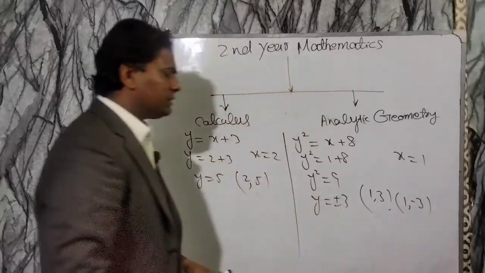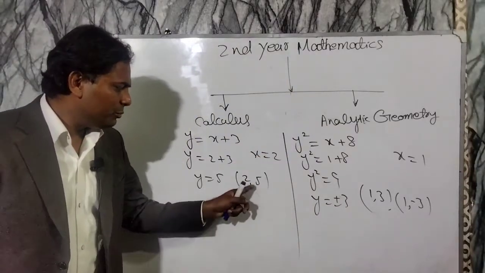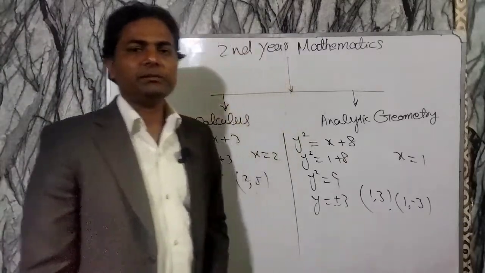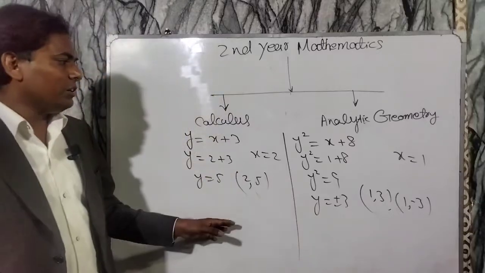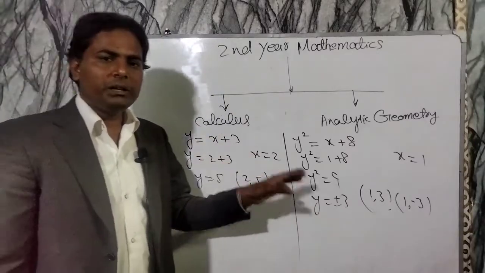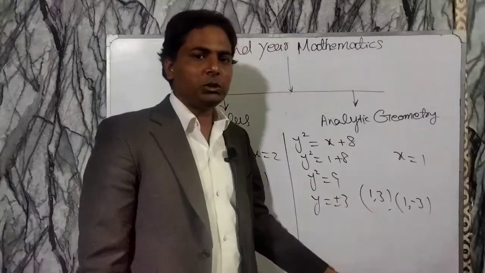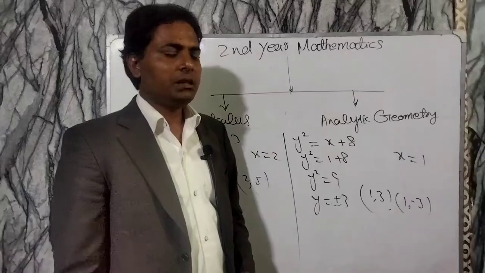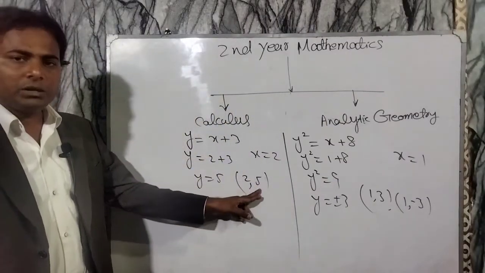Now what is the difference between these two relations? In this relation, the domain is not repeating, and in this relation, the domain is repeating. A relation in which the domain is not repeating is said to be a function. If there is any relation in which the domain is repeating, that will not be a function. Now look here. In this relation, the domain is not repeating.